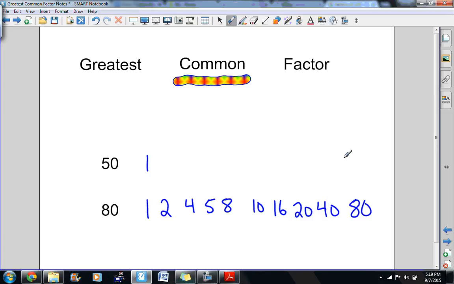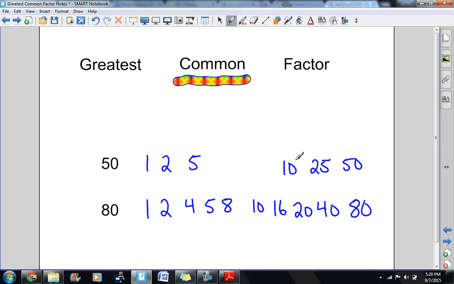So then for 50, it's 1 and 50, 2 and 25, 3 doesn't work, 4 doesn't work, 5 does, 6 doesn't work, 7 doesn't work, 8 doesn't work, and 9 doesn't work. So there is our full list.